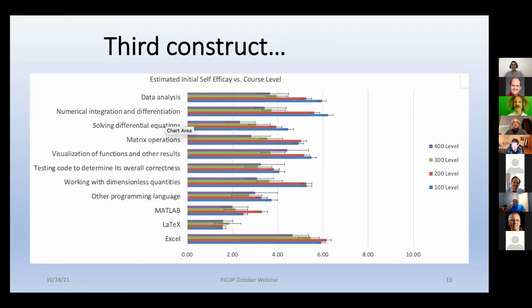We have a freshman seminar that I'm teaching in collaboration with the math department, and we're starting to teach them LaTeX as freshmen, but there's just a handful of students in that seminar, and they're swamped by all the others in the intro course sequence. So that third construct, we're yet to analyze this in great detail, but that gives you a little inkling into why some of those numbers are so high, even at the outset.